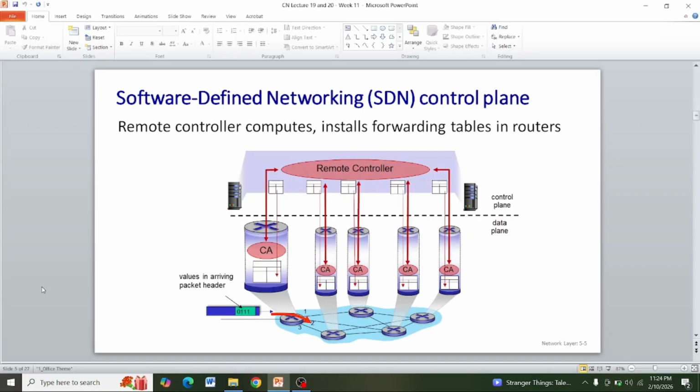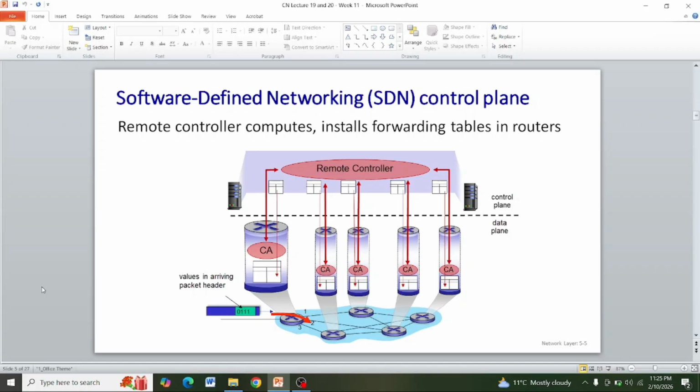As in case of software-defined networking, the centralized control plane, a remote controller installs forwarding table in the router. This is a separate entity. In case of per router plane, the routing table was being developed and maintained within each router itself.